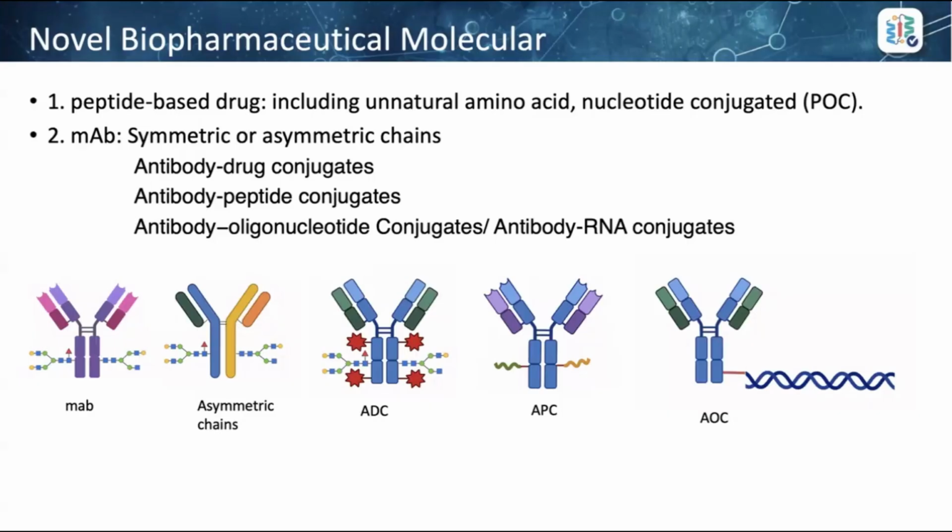For example, peptide-based drugs, including unnatural amino acids, oligonucleotide conjugates, and also mAbs, both symmetric and asymmetric chains, or antibody drug conjugates, antibody peptide conjugates, or even antibody oligonucleotide conjugates, such as antibody RNA conjugates.